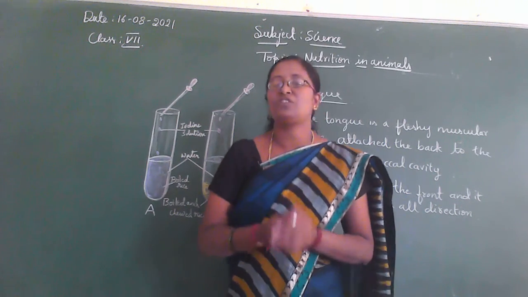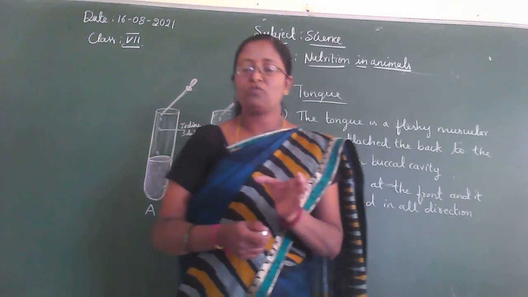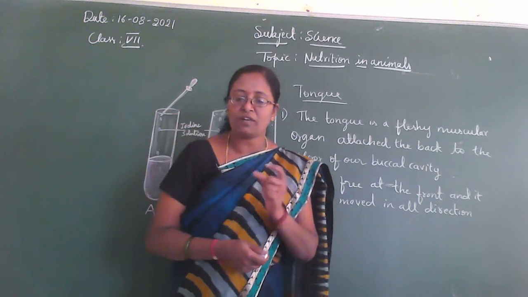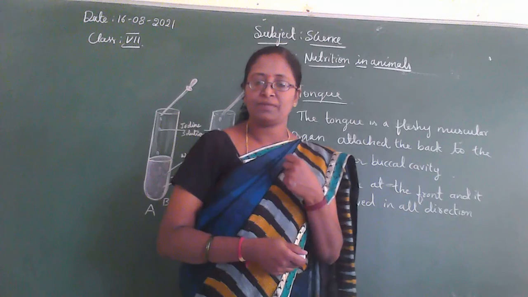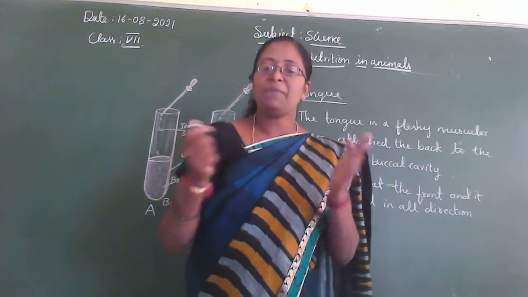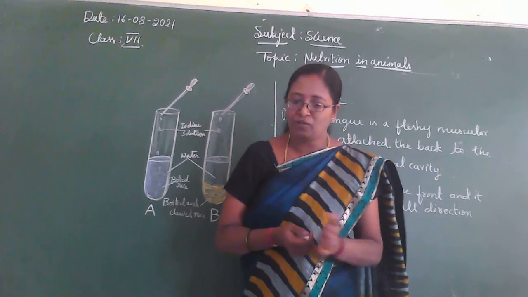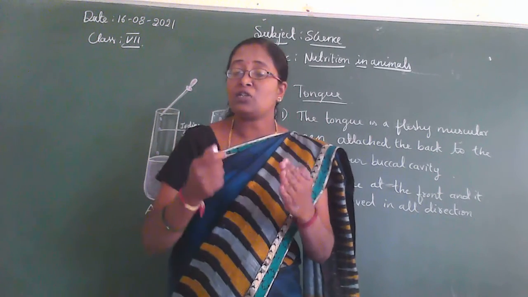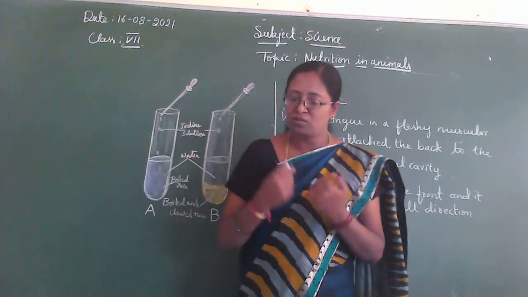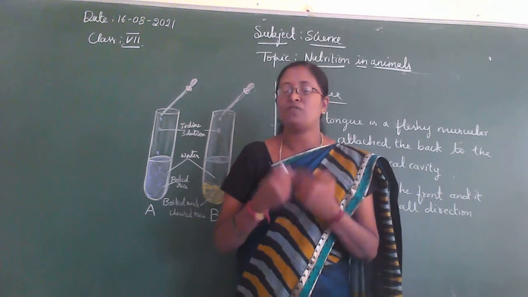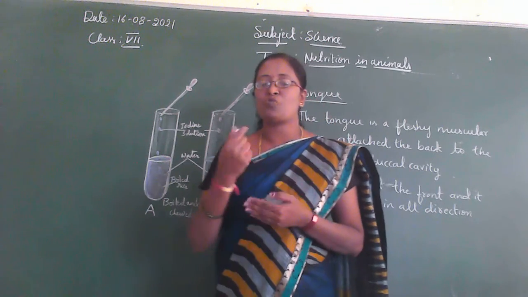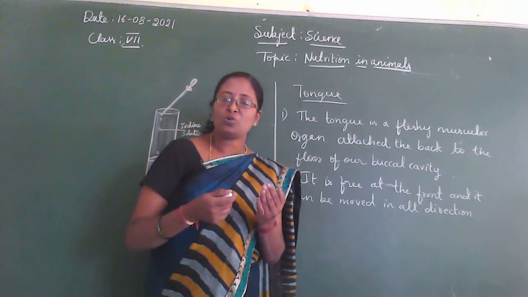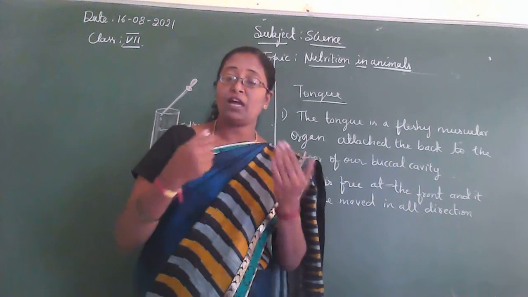Children, do you know about the function of our tongue? We use our tongue for talking. Besides, it mixes saliva with the food during chewing. And it also helps in swallowing the food. And then we also taste the food with the help of our tongue.